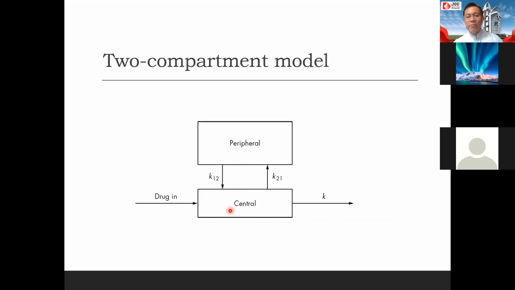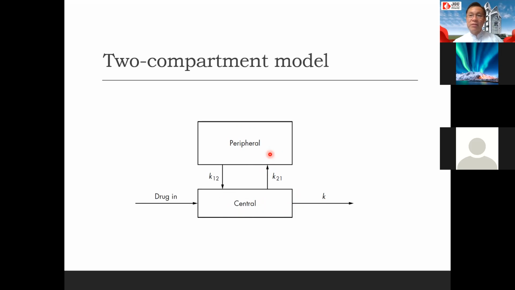From the blood vessel, this drug will be distributed to the peripheral compartment. So now we have two compartments. One is the blood vessel. From the blood vessel, it has to be distributed to the tissue. So the tissue is the peripheral compartment. Understand?